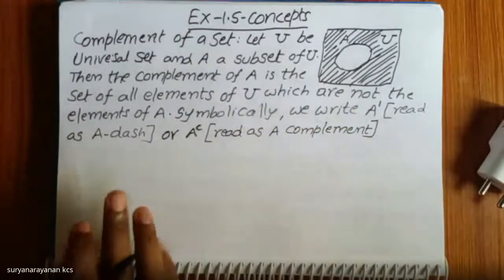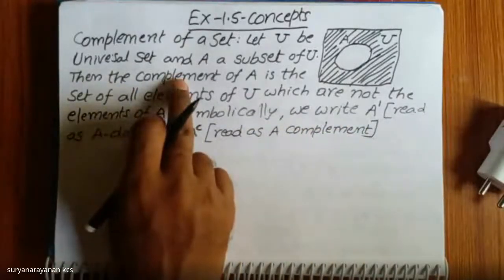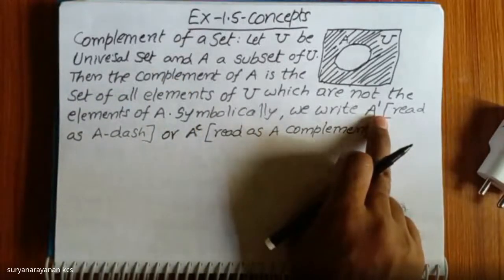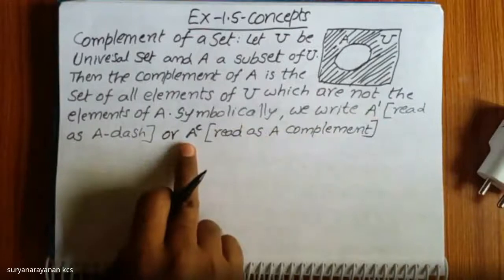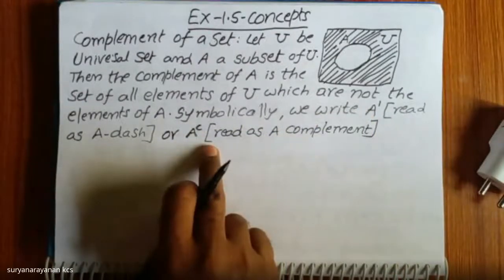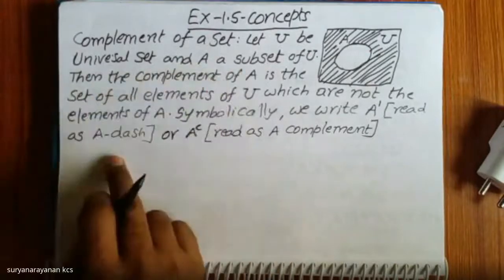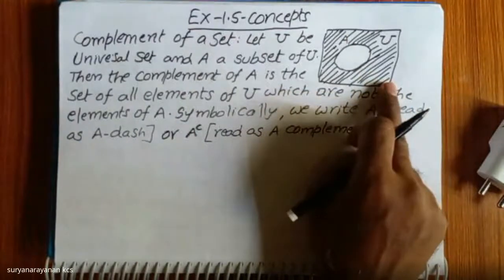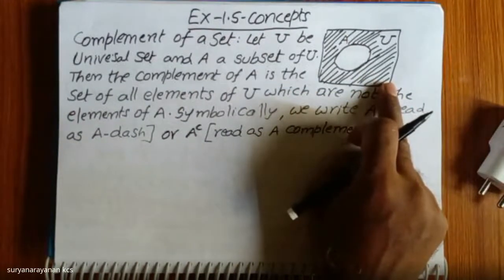This is the definition of complement of set A, and this is the notation A dash or A complement. And this is a pictorial representation of A complement.